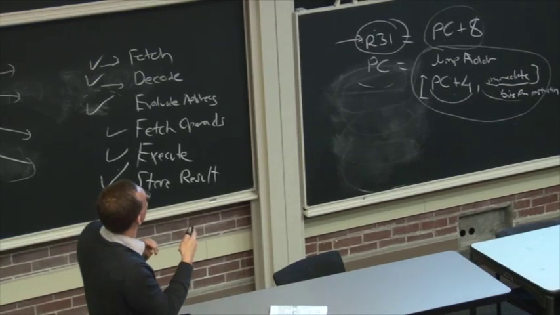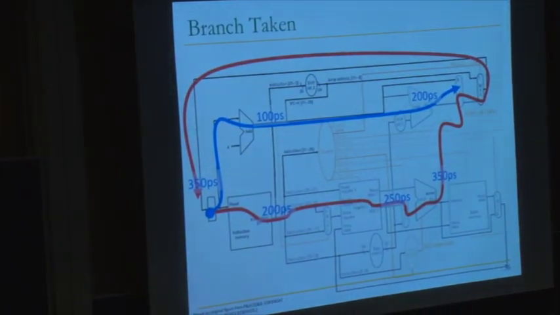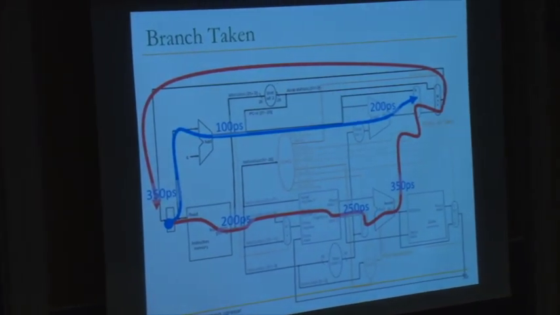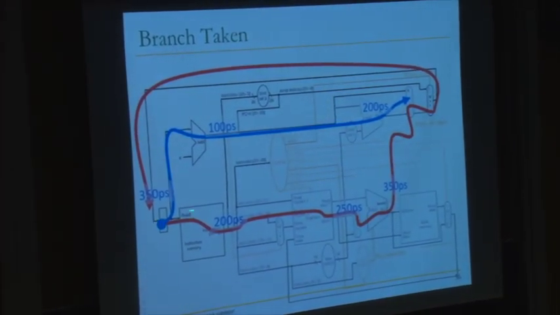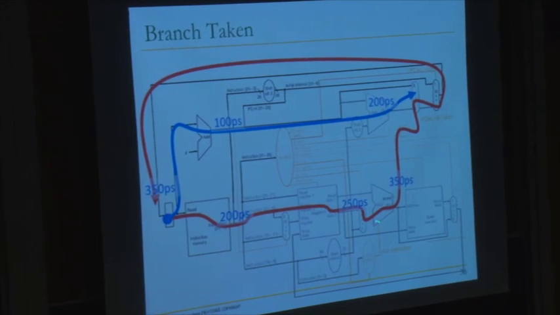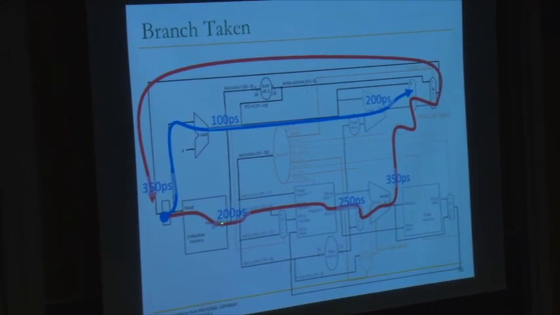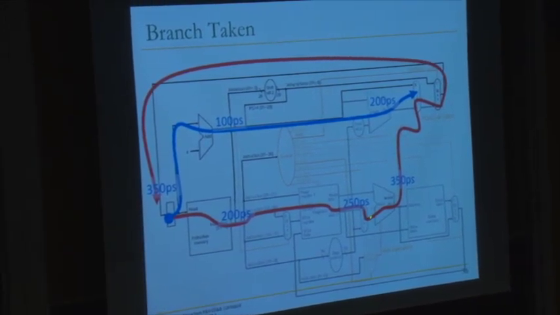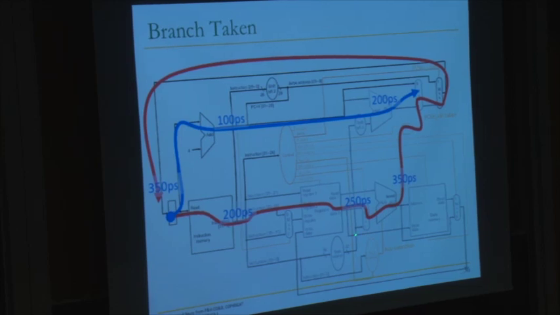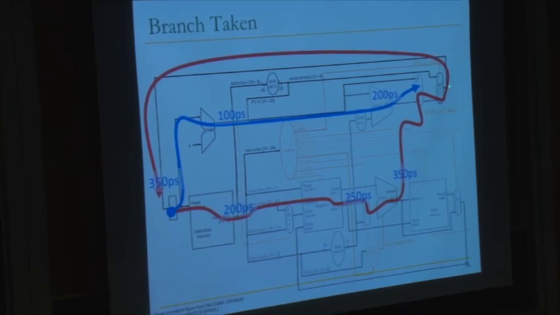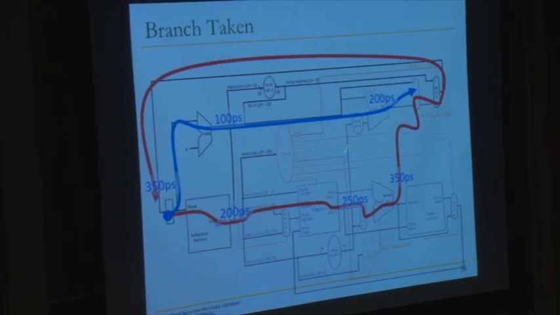Let's cover, I guess, branch taken also. Branch taken is interesting because I guess there are two things that happen. First of all, you need to calculate the address somehow, which goes through the ALU, because you take the program counter and add to it some value. Sorry. I guess address calculation can go through the ALU also, but we have two different adders right now.